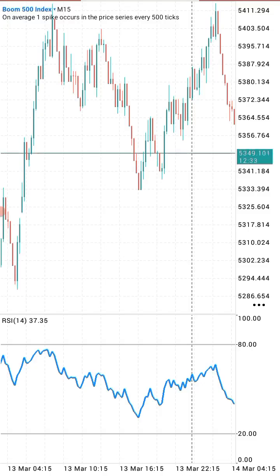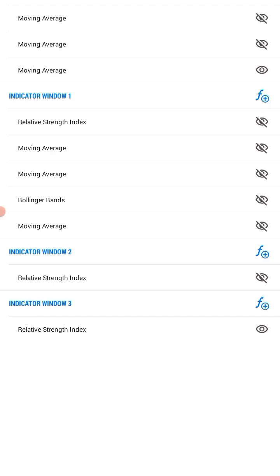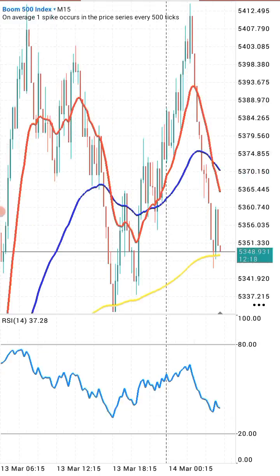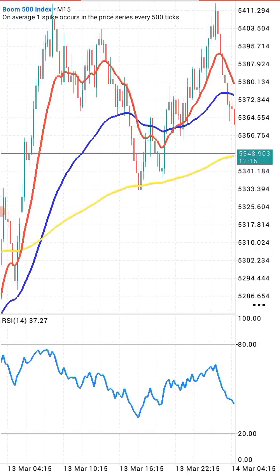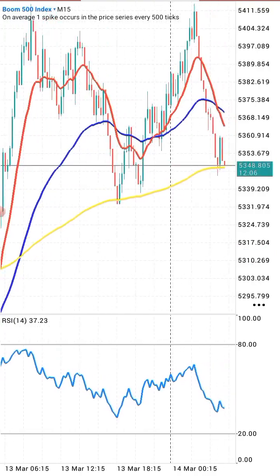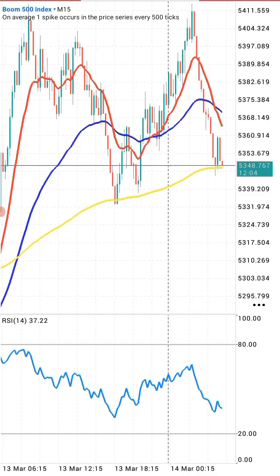This is a simple rule that can dramatically increase your winning rate. Look at how I usually use it. I have these trend indicators: the 200 moving average, the 50 moving average, and the 30 moving average. Together, these are my trend indicators.